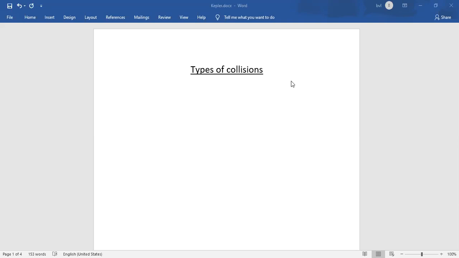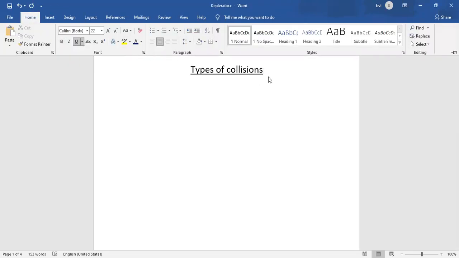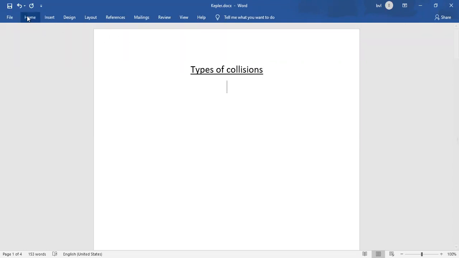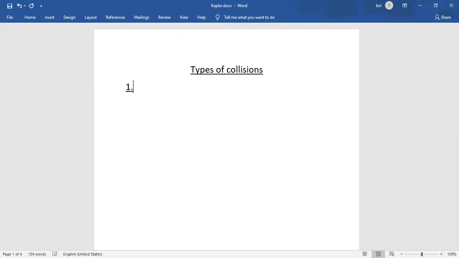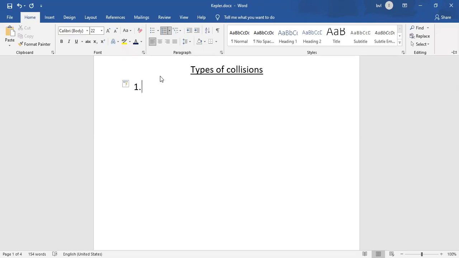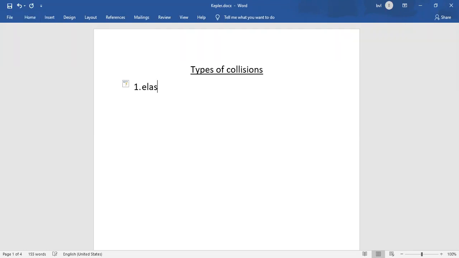Now, in this class, we will discuss types of collision. There are three types of collisions. The first type is elastic collision. The second type is inelastic.